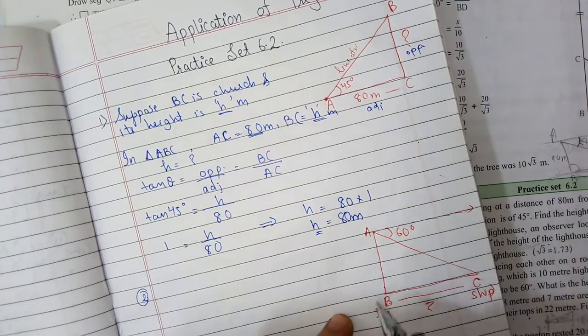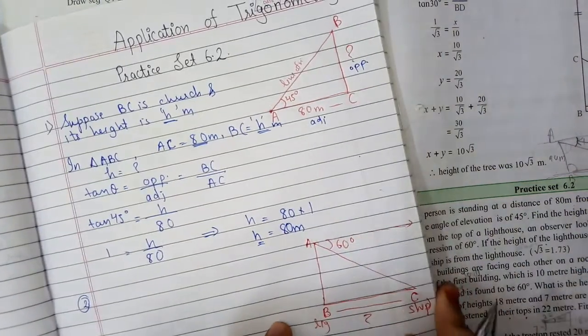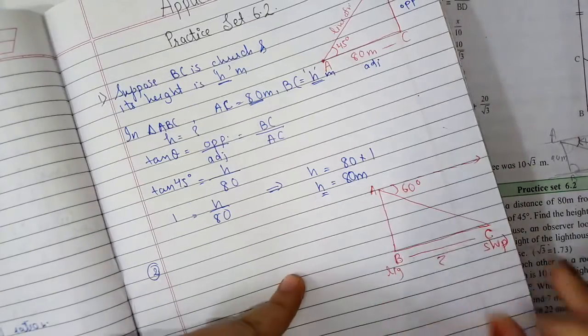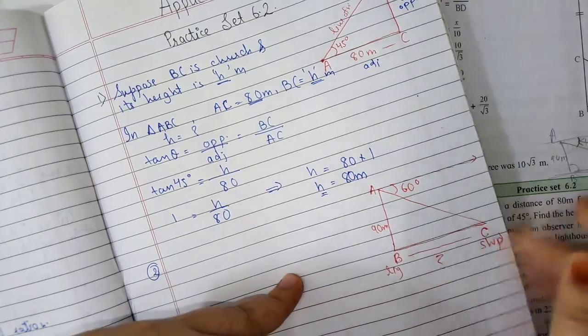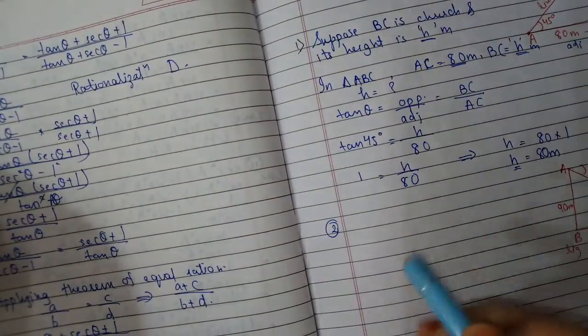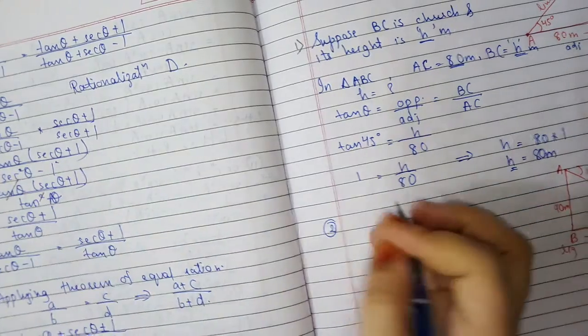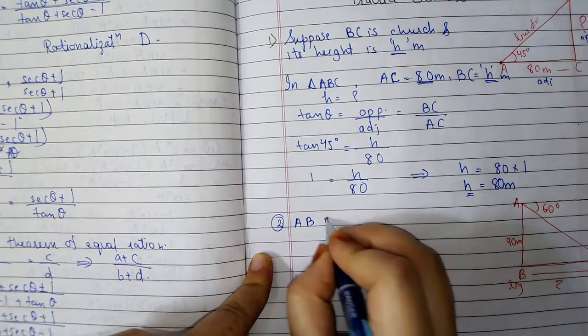Alright, and this AB is given as 90 meter. The height of the lighthouse is given as 90 meter. That means AB is 90 meter. Alright, now let's write in the statement. So student, we will first write as AB. What is AB?